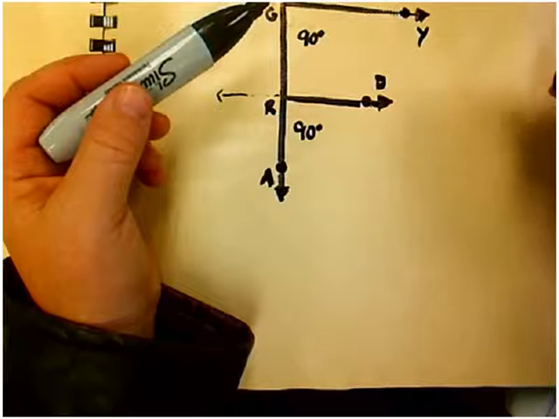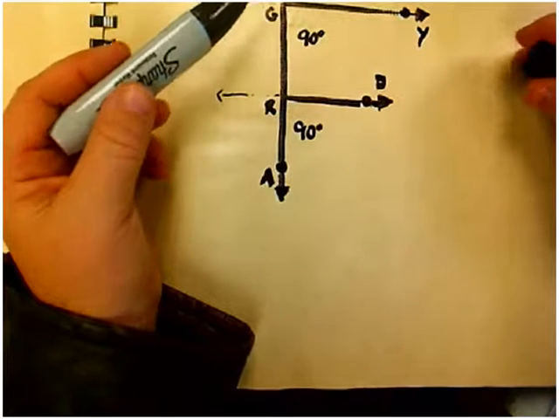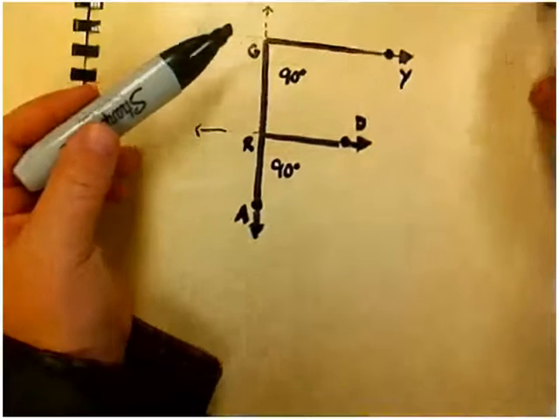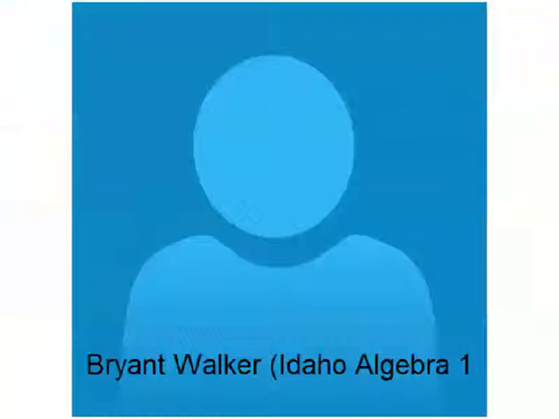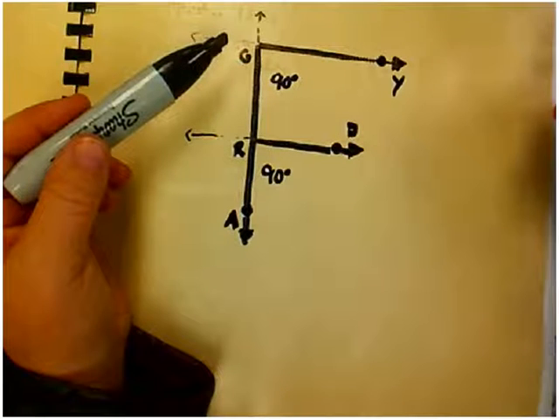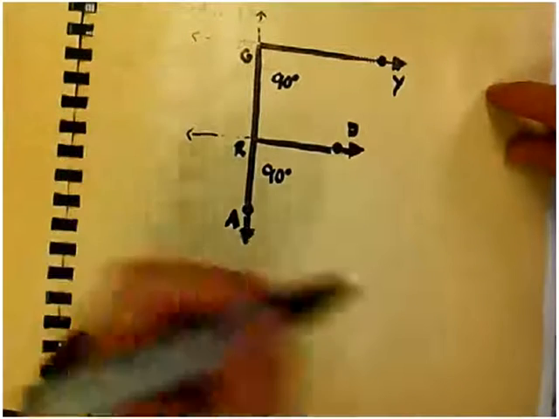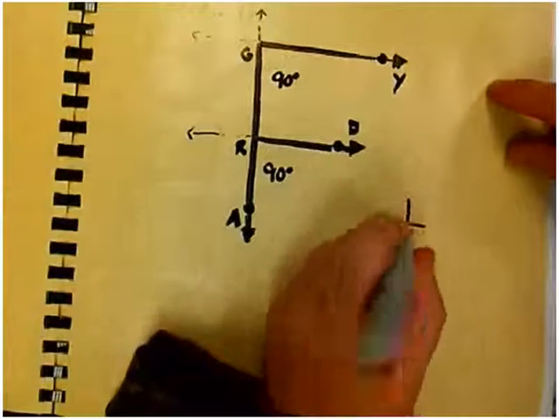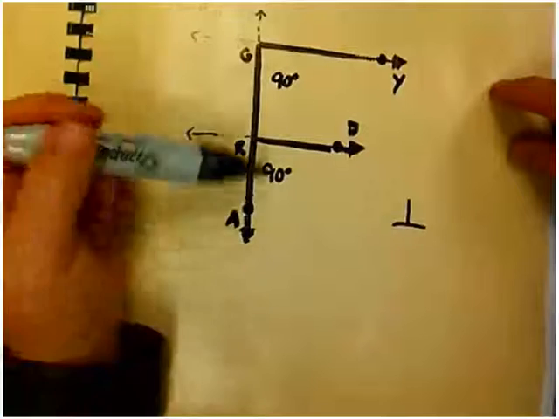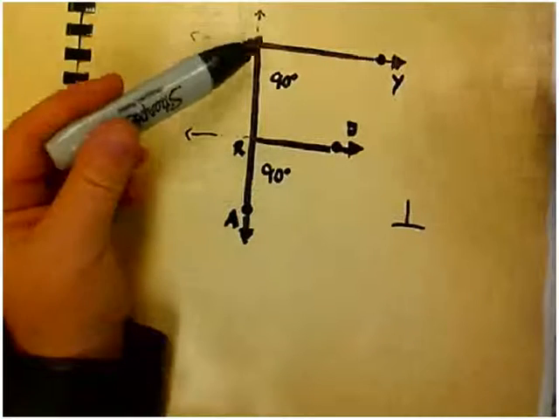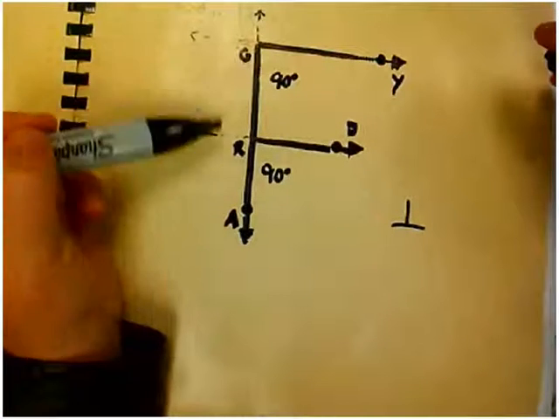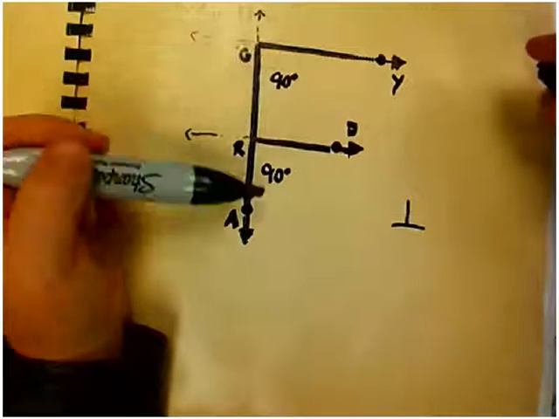Perpendicular means it intersects at what kind of angle? Right, a right angle. Perpendicular, 90 degrees. And so we have 90-degree angles all the way around here, don't we? They equal each other.